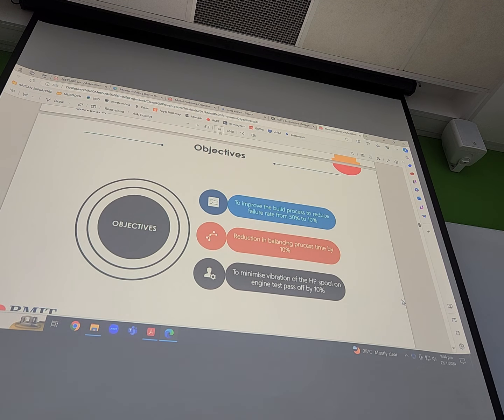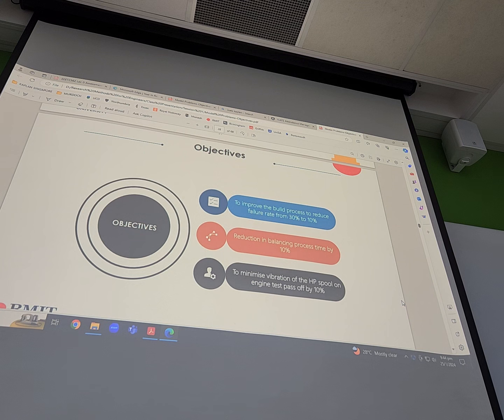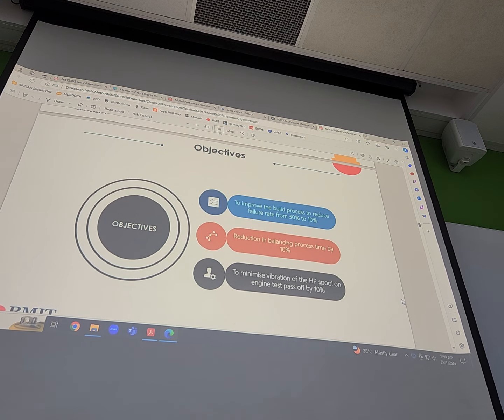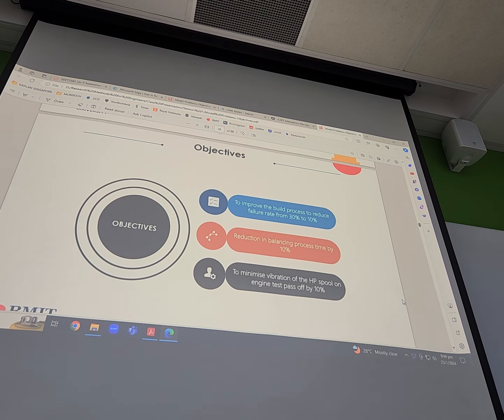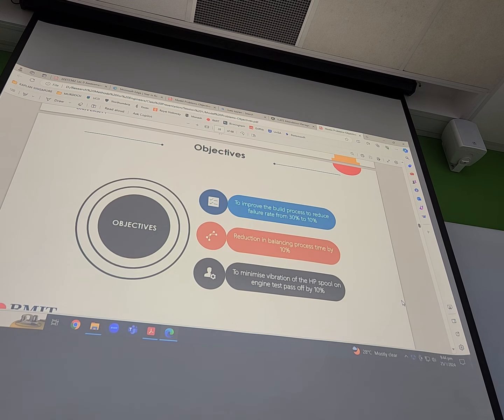But what is required is an undergraduate student engineering project work. We are not going to ask why 30% to 10%. That is the objective. Whether you achieve it or not is not important.